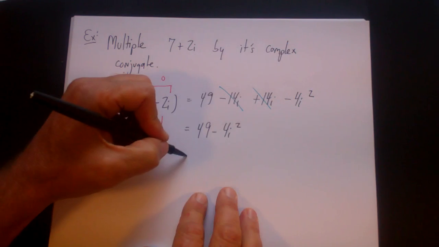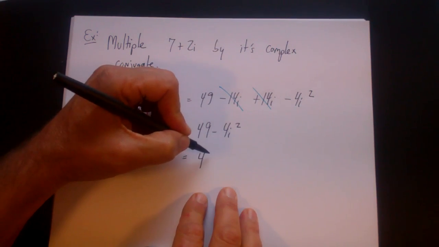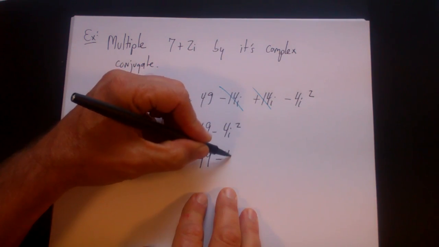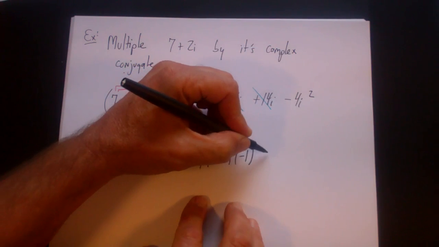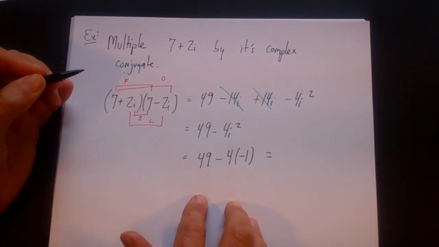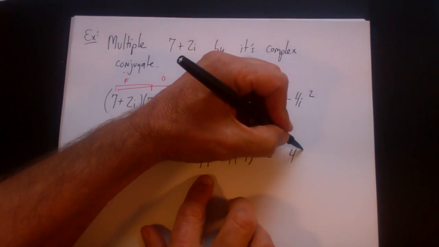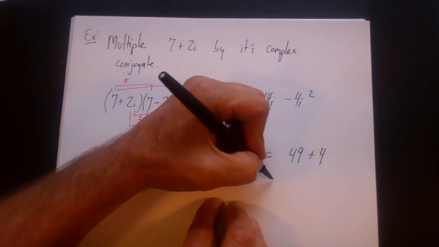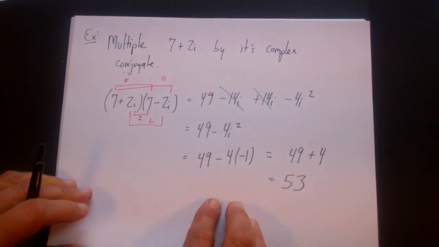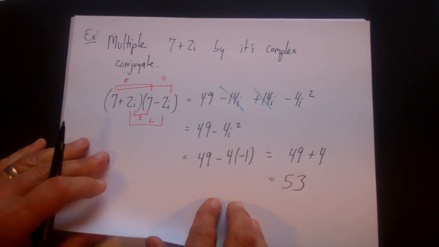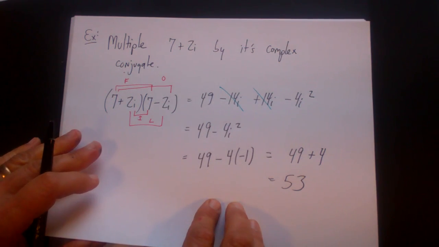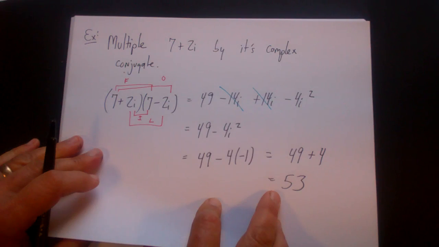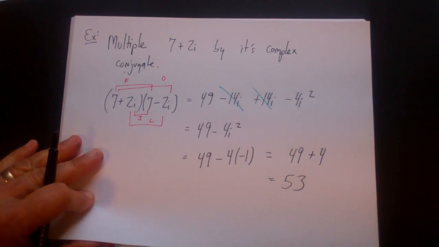And then you have 49 minus 4 times a negative 1, which is 49 plus 4, right? Because a negative times a negative is a positive, which is 53. And what you'll notice is every time you multiply a term by its complex conjugate, you always get a real number. Now that's how you find complex conjugates.